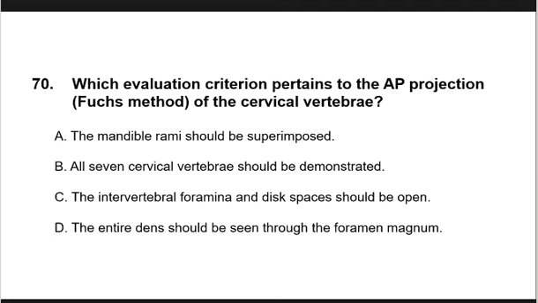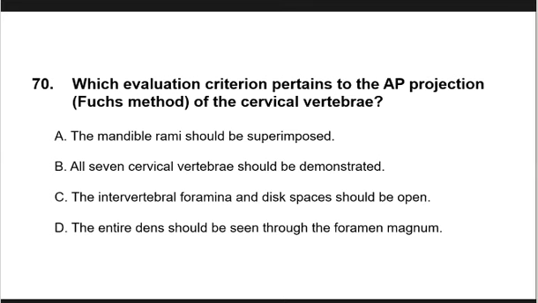Still alive. So the other term is called epistropeios. Epistropeios, that is the other term for axis or for C2.